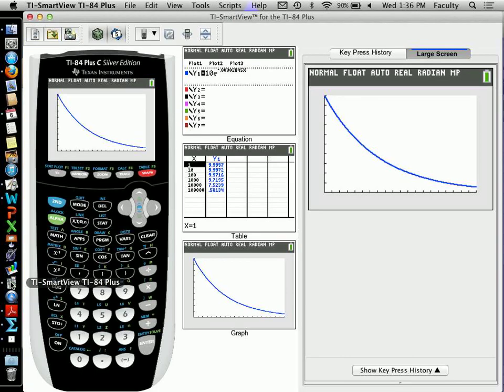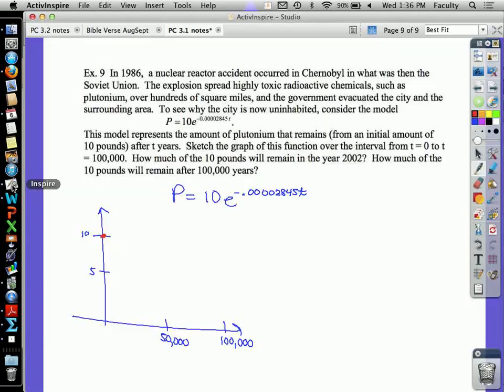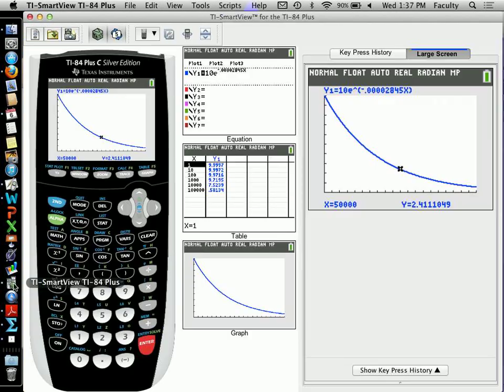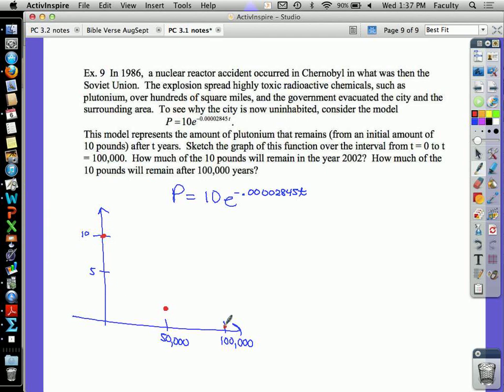And then watch what we can do. Let's press trace and do 50,000. And it tells me that the y value is about 2.4. So we'll plot that. And then let's do 100,000. And that's 0.58. That's really small.